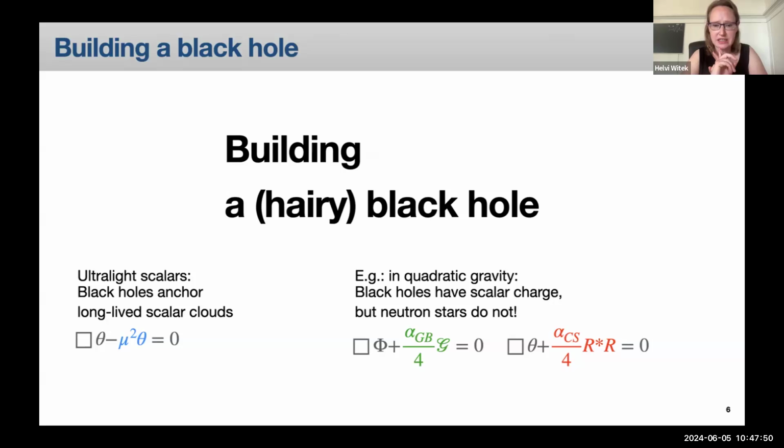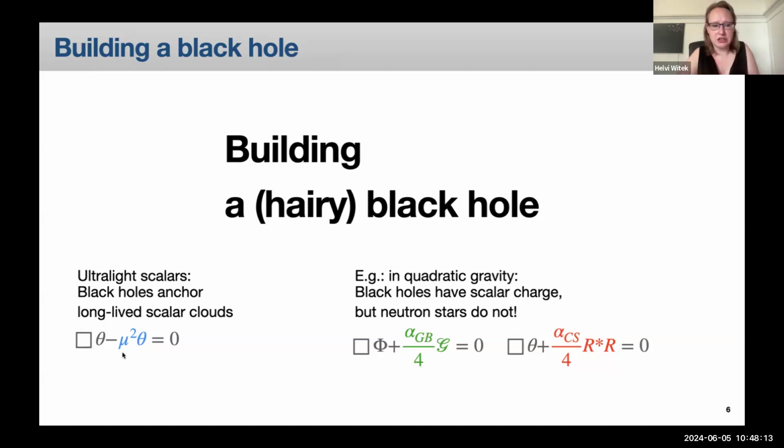Here we see three equations. Sorry, a bit busy, but let's start with the one on the left, where I'm now taking just this axion-like particle. So theta, think of it as a scalar field, and add a mass term to it. This mu is just the mass energy parameter of this field.